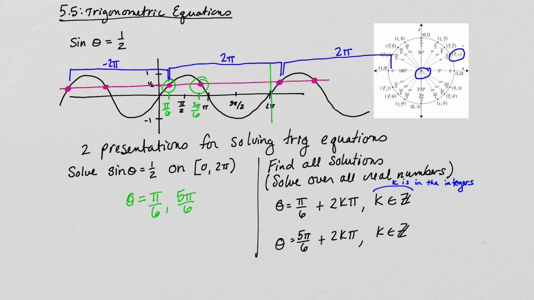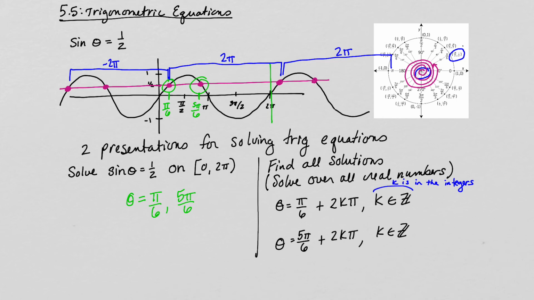Or I could rotate around 1 time, 2 times, 3 times, 4 times, and stop at pi over 6. And that would still give me an answer of 1/2, right? So I could go around the circle as many times as I want and stop at pi over 6, and the sine value is still going to be 1/2. Does that statement make sense? The idea that I can rotate around the unit circle as many times as I want and stop there.